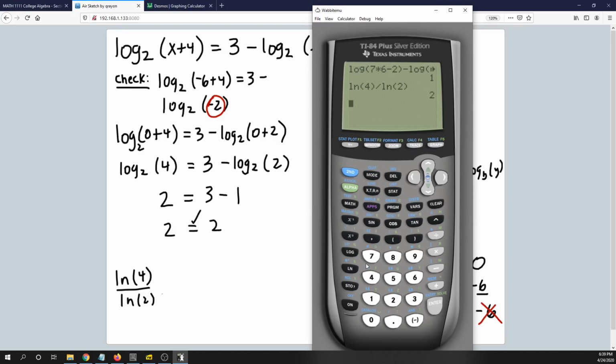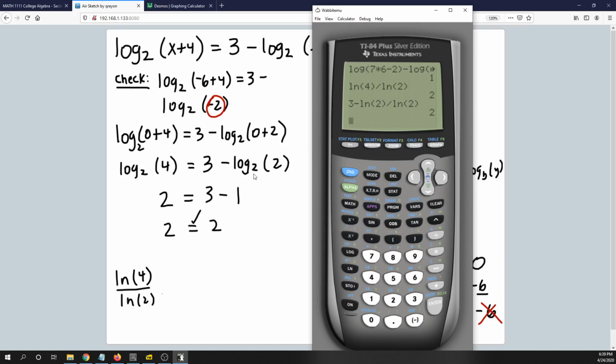And if you do this side, 3 minus ln2 using the change of base formula divided by the ln of the base, you get 2.